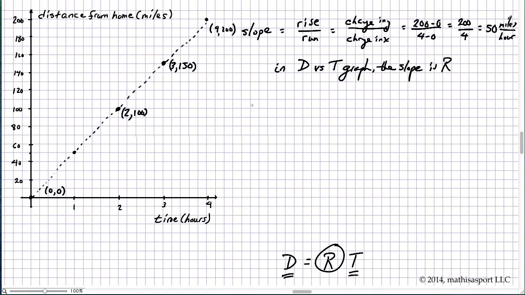So I could just as easily have found the slope by calculating the change in y over the change in x between these two points, namely 150 minus 100 over 3 minus 2. That would have also given me 50 over 1, and the units again would be miles per hour.